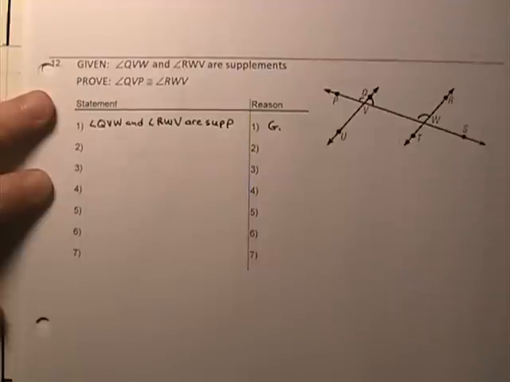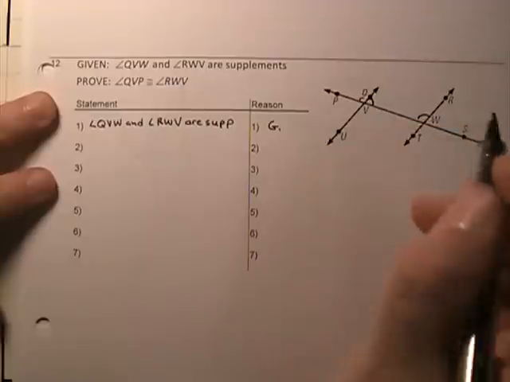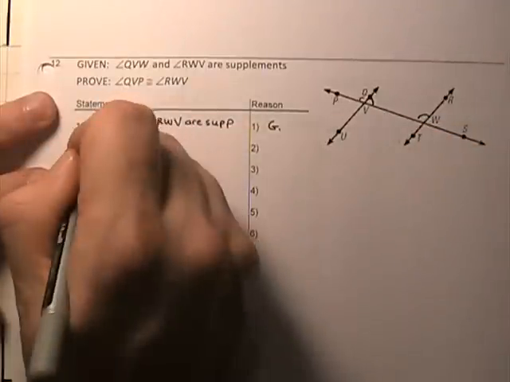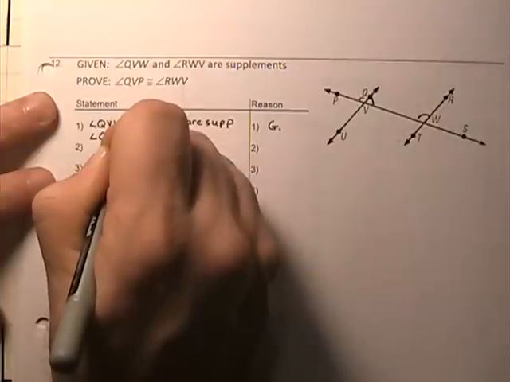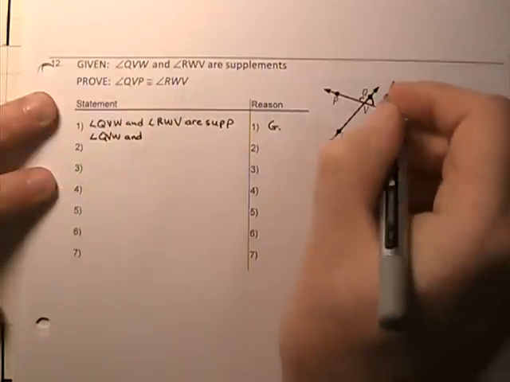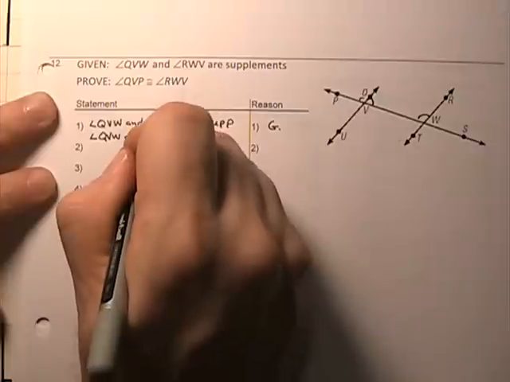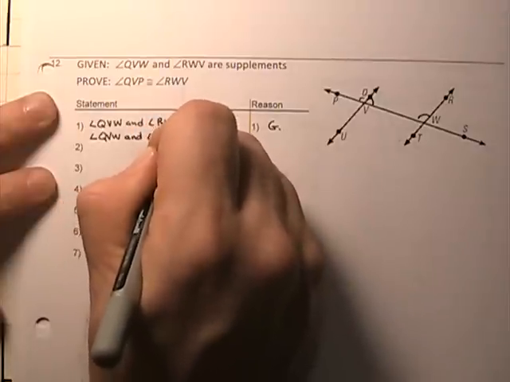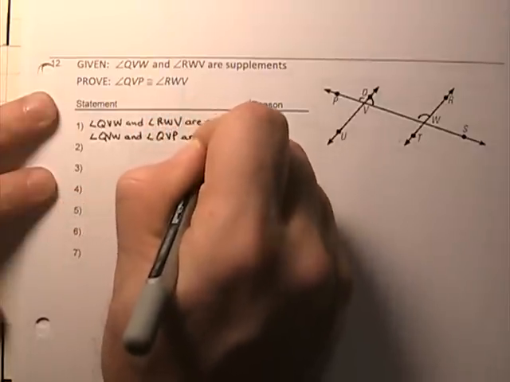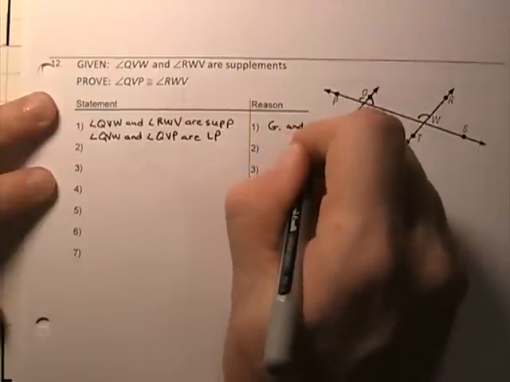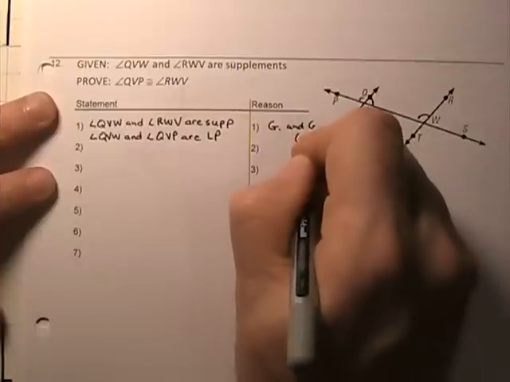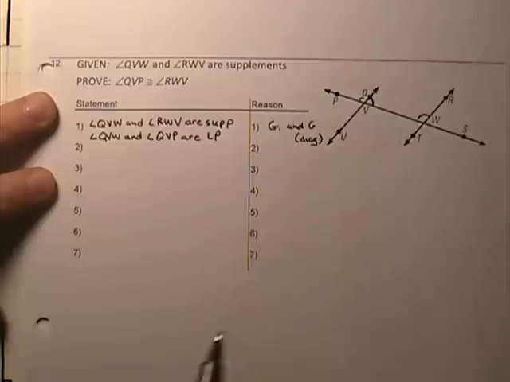And you could say that, let me see, angle QVW and angle QVP are a linear pair. That's also given in the diagram.